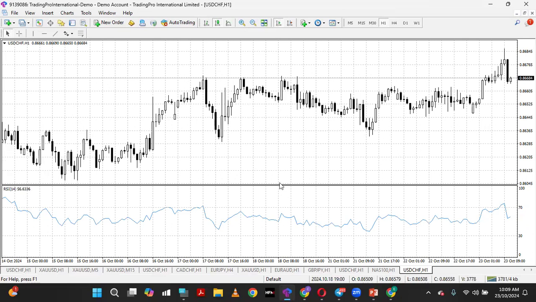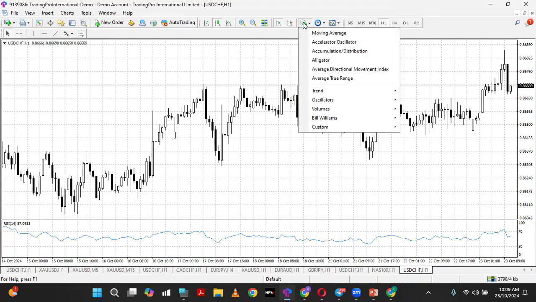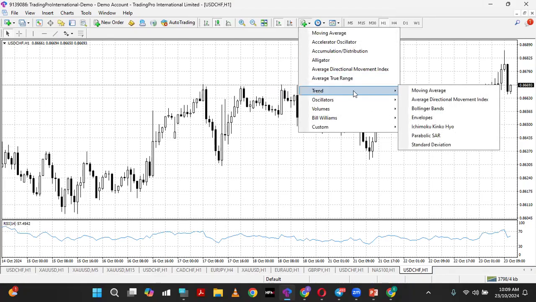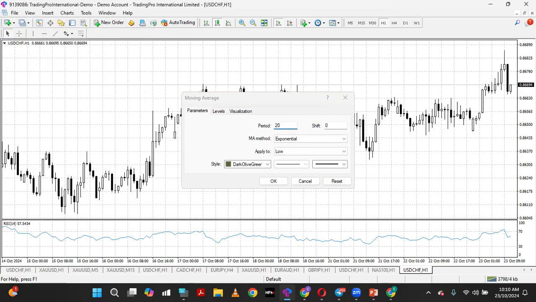This is the RSI. Now, let's assume I want to put moving averages on my chart. I go to the indicator list. I go to trend. When I go to trend, you see moving average. I click on the moving average. I look at the period. What period moving average am I looking for? If it's 20, 50, 100, 200.